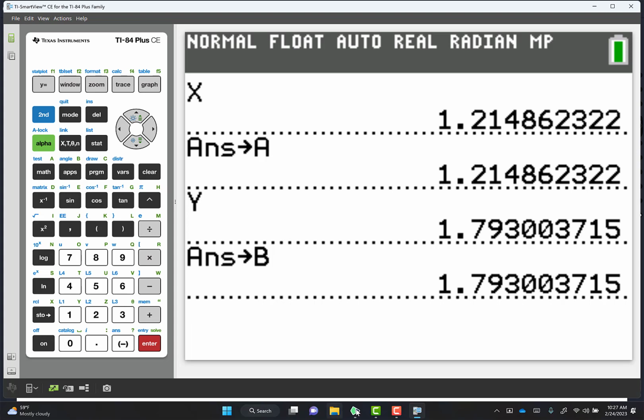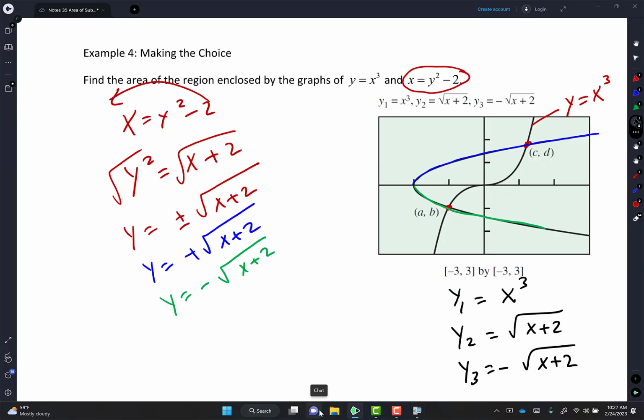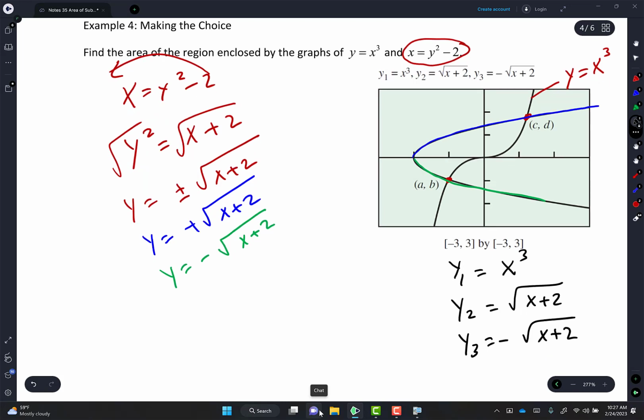Okay, here we go. Here's our game plan. I'm going to integrate. I'm going to draw a line. Do you guys see that? So I can see upper minus lower. I see that blue curve and I see that green curve.